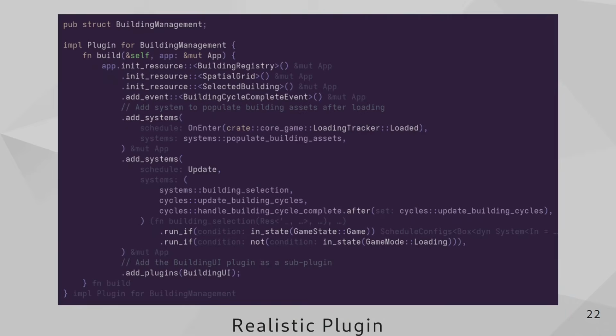This is how you actually write plugins. We've switched from trivial sample code to real, more production code. We're implementing a plugin for building management. We're building it, so we have our self and our application. We're adding some resources, which I define elsewhere. Resources are different from entities and components in that they are permanent things that all systems can access.